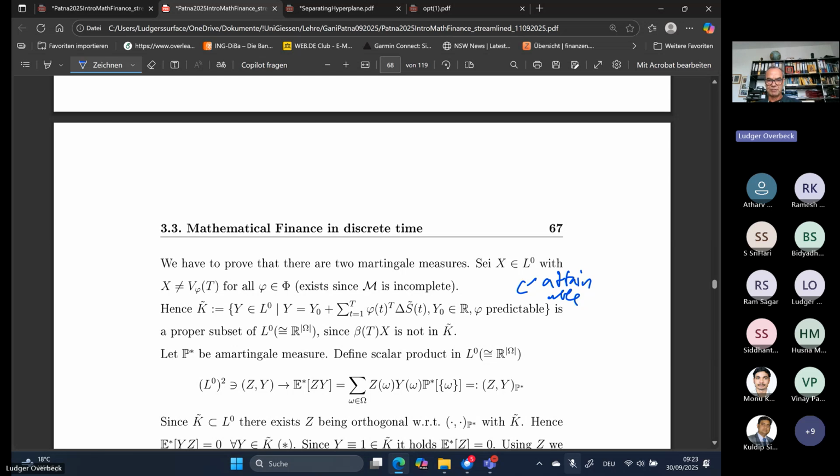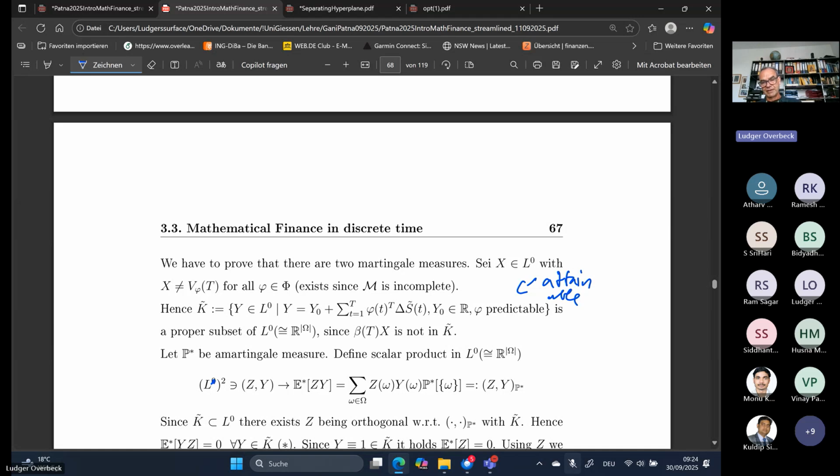It's a linear subspace, and so you can embed it in some Hilbert space. In this case, we take this scalar product. It's like the L2 scalar product if you do it in a general probability space. Here it's finite, but that also goes through in L2 spaces.